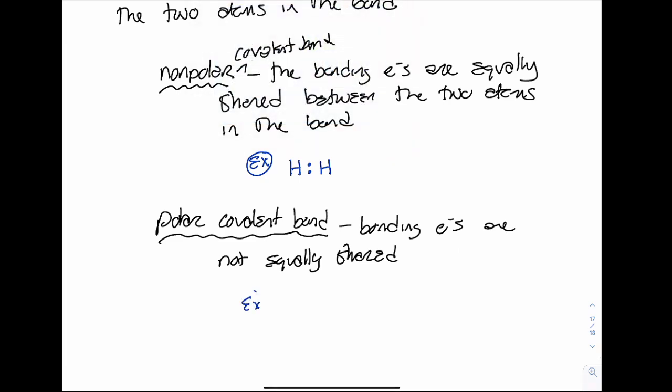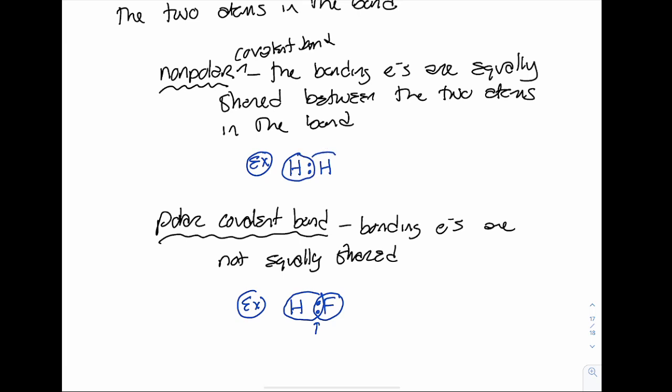And an example, if I wanted to show the bond between hydrogen and fluorine, those electrons are actually found closer to fluorine's nucleus than they are to hydrogen. They're still shared, right? They're still found between both of them. Sometimes they'll show circles around them, I'm not a big fan of the circle thing, so we can show how those electrons are being shared. They belong to both hydrogen and fluorine.